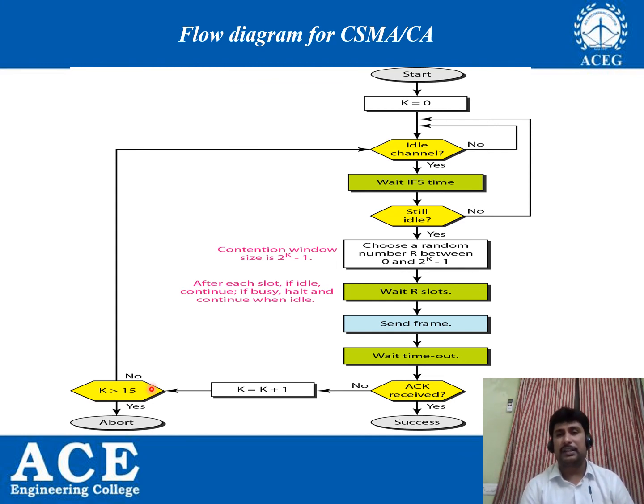But this particular algorithm is only suitable for wired networks, which we cannot implement for wireless, for which we implement carrier sense multiple access with collision avoidance, where you follow three strategies.